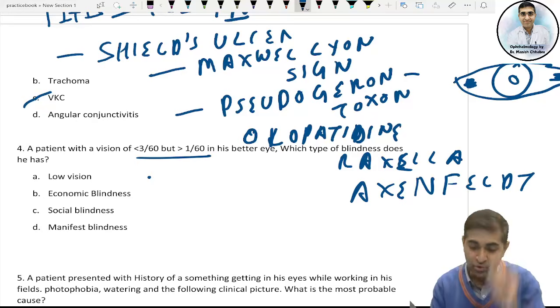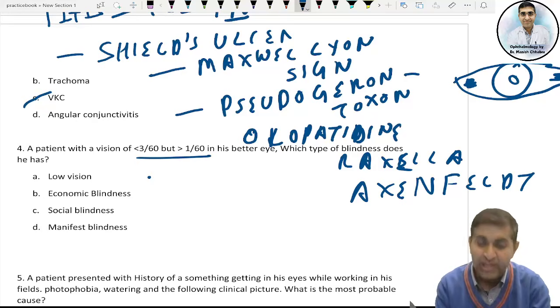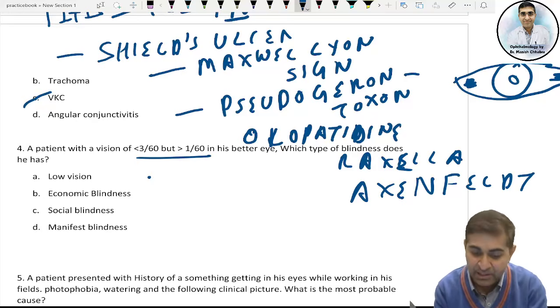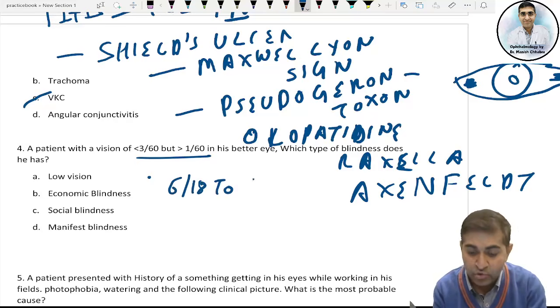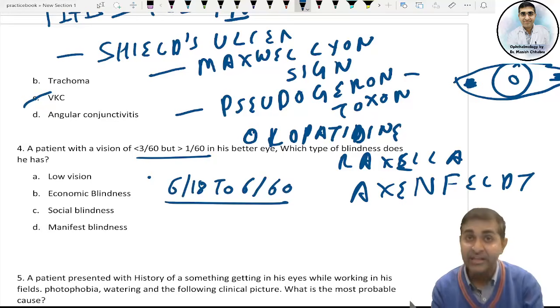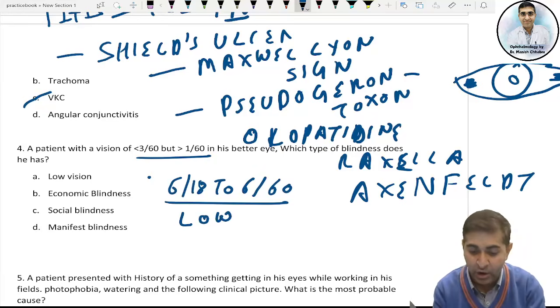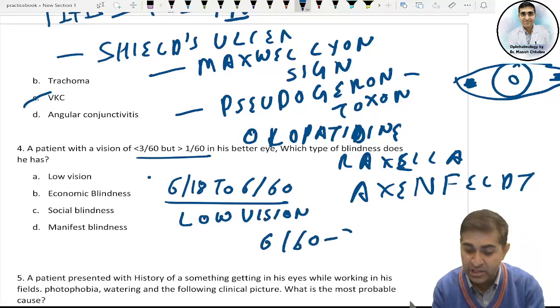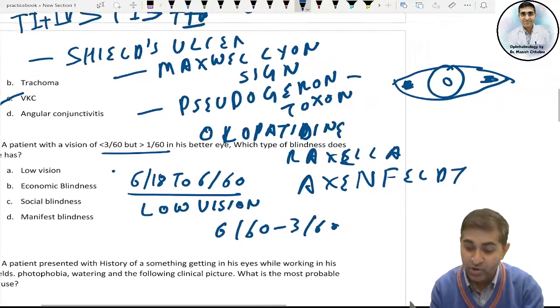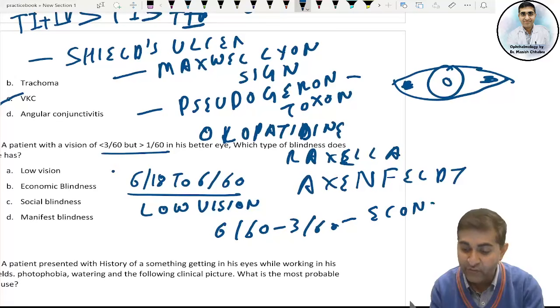Now this is also your FMG PYQ. So there's a criteria. As per the criteria, if the vision of the patient is 6/18 to 6/60, that goes in the criteria of low vision. If the vision is 6/60 to 3/60, it goes in the criteria of economic blindness.